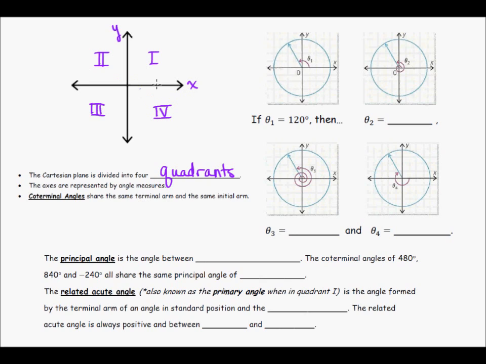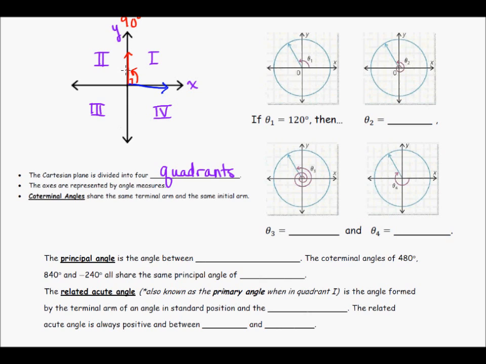Now, the x and y axes are actually represented by angle measurements, because if we have our initial arm on the positive x-axis and I rotate that initial arm to the positive y-axis, that would be an angle measurement of 90 degrees because I form a right angle here.